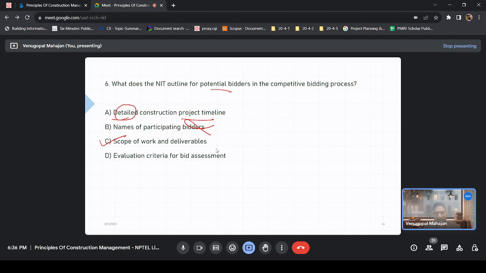This is a very simplistic example of why they should know what the evaluation criteria is. You should already tell them that we'll first be deciding on, let's say, your technical qualifications or your past project experience. So yeah, this part should be there in NIT.